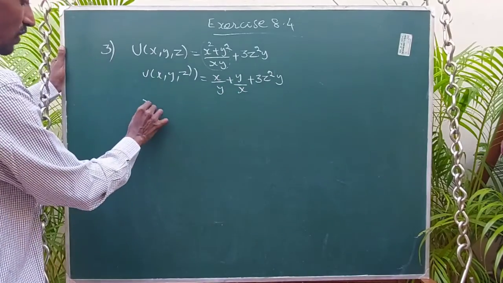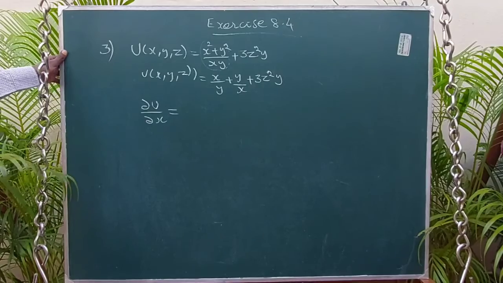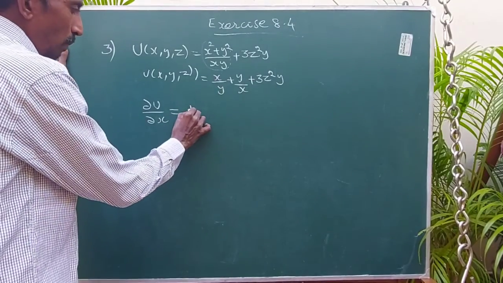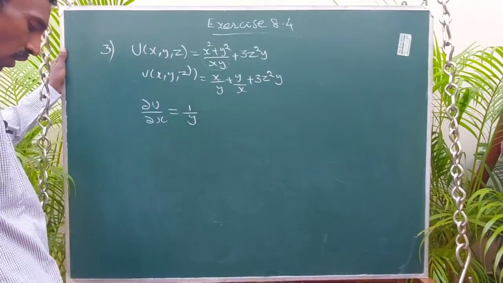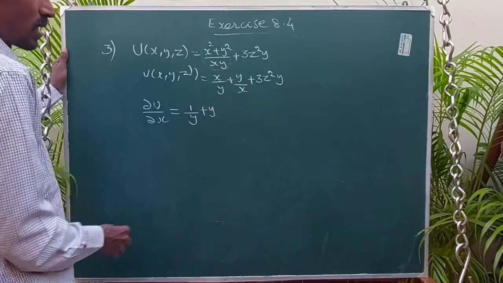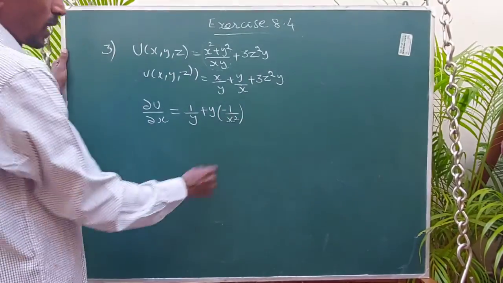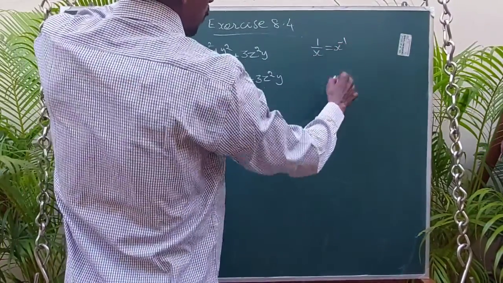Now we can differentiate dou u by dou x. So with respect to x means imagine y and z as constant. So 1 by y is a constant, differentiation of x is 1. Plus, y is a constant, differentiation of 1 by x is minus 1 by x square. 1 by x can be written as x power minus 1.